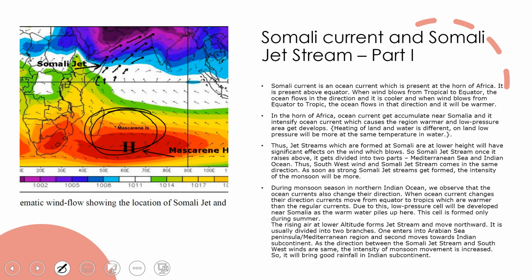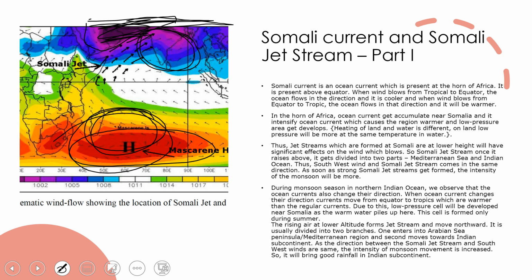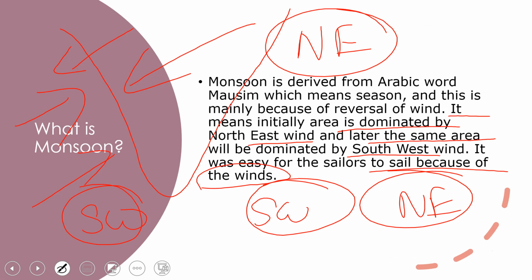Here you will see there is a high pressure and your Indian peninsula will be at low pressure. Further, it will be intensified. This will be the Tibet area. When it gets intense low pressure, then this high pressure wind will move to the Indian peninsula, to the Tibetan plateau. That thing is mentioned here.